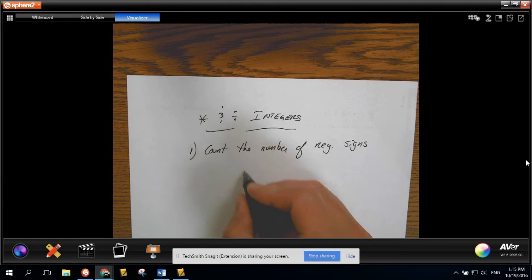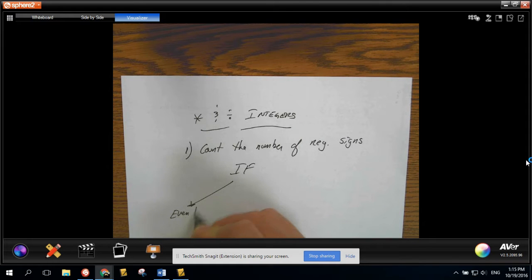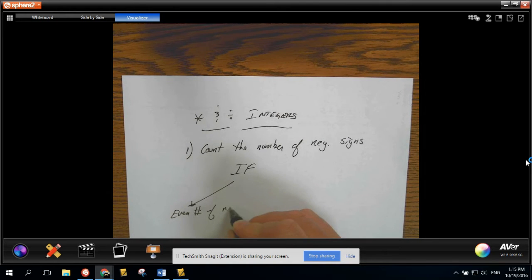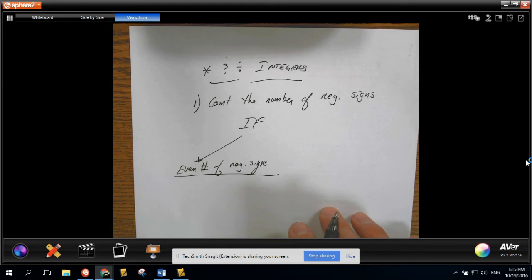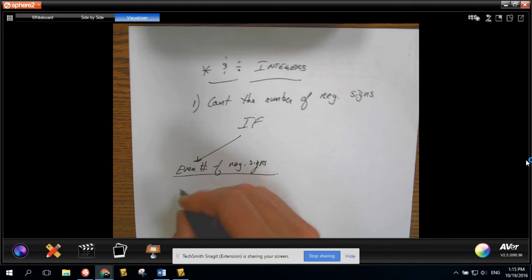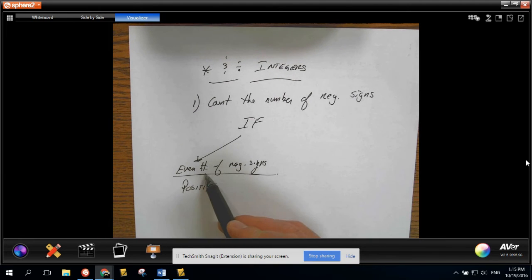So if we have an even number of negative signs, my answer is going to be a positive value. Okay, so if you're multiplying 2 negatives together, or 4 negatives together, or 6 negatives together, any even number of negatives, your result is going to be a positive answer.